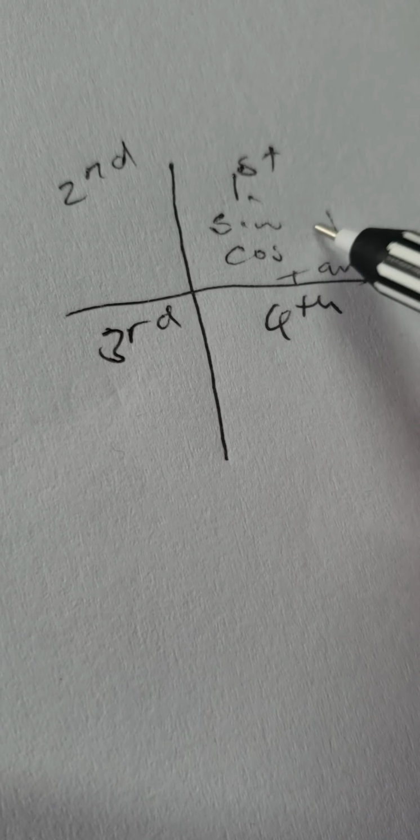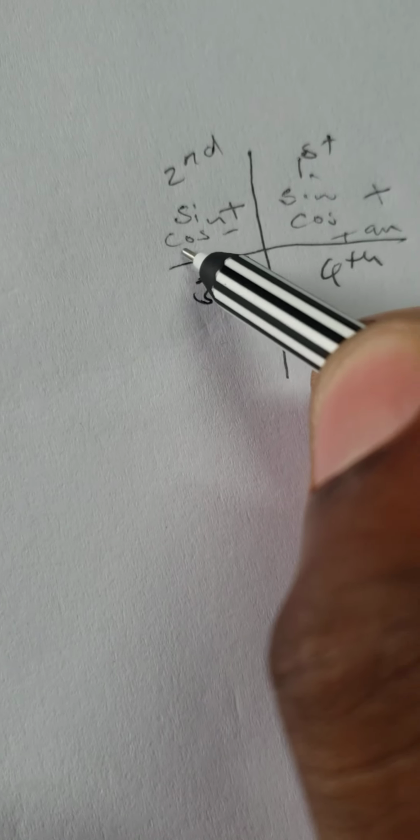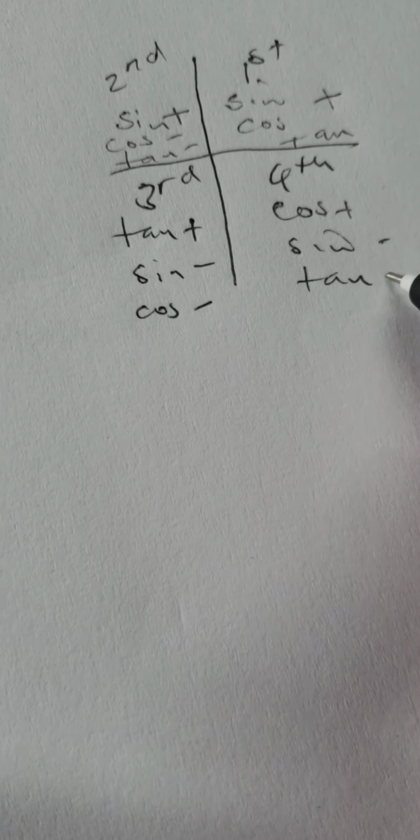In the second quadrant, sine is the only one that is positive, meaning cos and tan are negative. In the third quadrant, tan is positive, and sine and cos are negative. In the fourth quadrant, cos is positive, and sine and tan are negative.